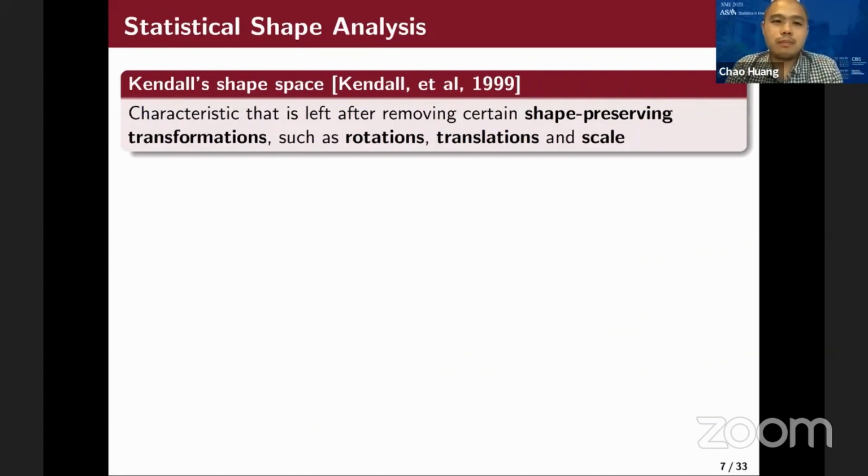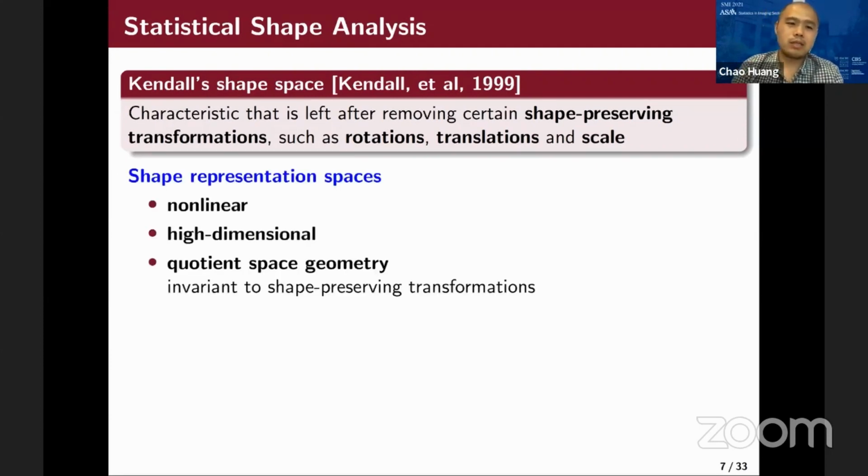Next, these days people are interested in statistical shape analysis. One of the most popular shape spaces is the Kendall shape space. If we have landmarks of 2D or 3D objects, we remove certain shape-preserving transformations like rotations, translations, and scale. The information left we can treat as the shape information.